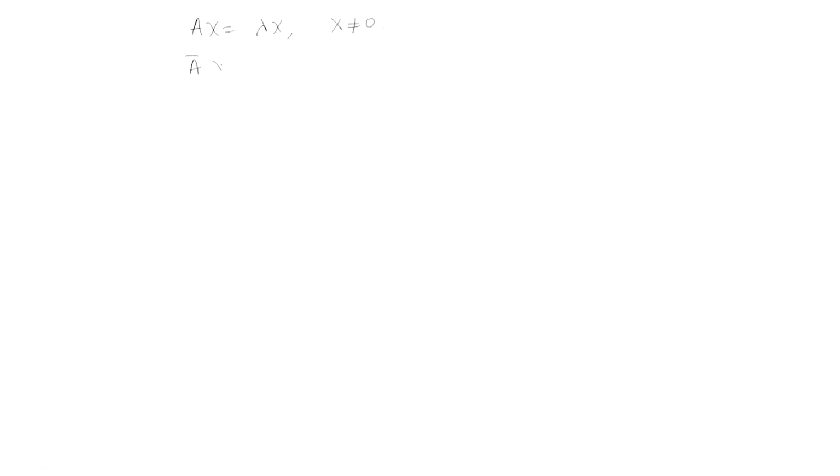You take the bar on both sides, now you take the transpose. Now multiply both sides by matrix A, post multiplication. A bar transpose A is identity.